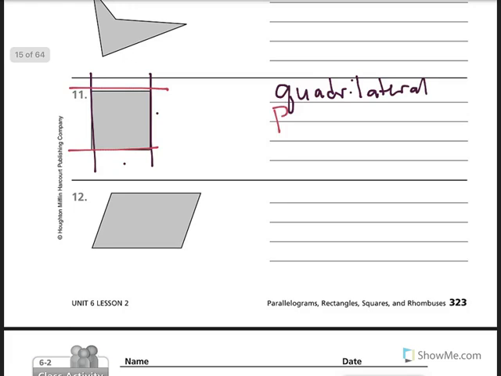So it's a parallelogram, with those double L's for parallelogram. I'm looking at the angles here. They are all right angles. They are all the sharp corners, so it is a rectangle. And then all of these sides are also the exact same length as one another. So that means this is in fact a square.